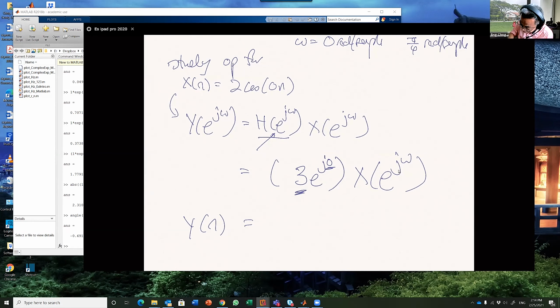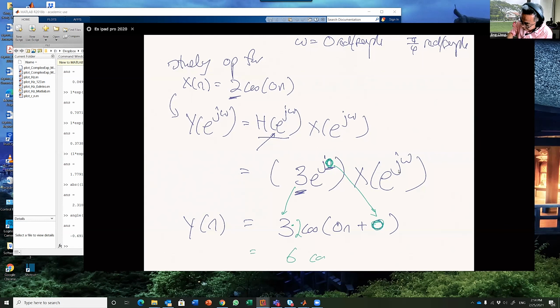My input is 2, so it becomes 3 cosine 0n plus 0. The second 0 comes from the phase, the green 0. The 3 comes from the magnitude. The original input is times 2, so the answer is 6 cosine 0n plus 0.